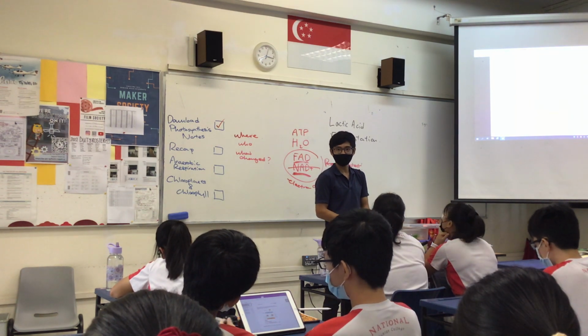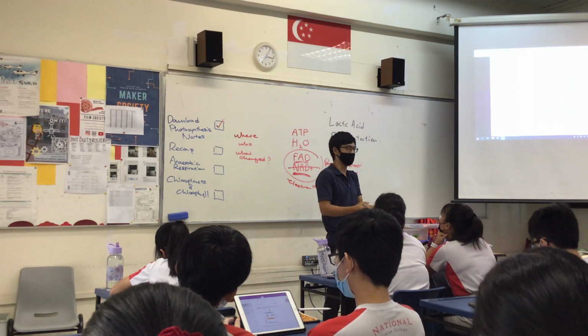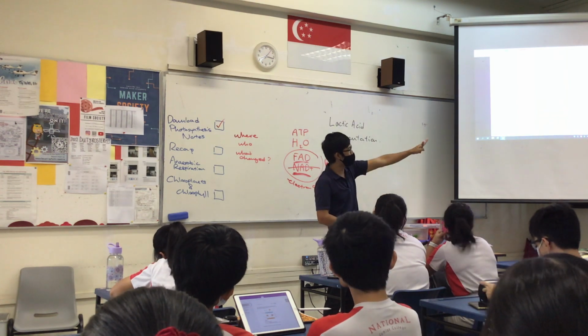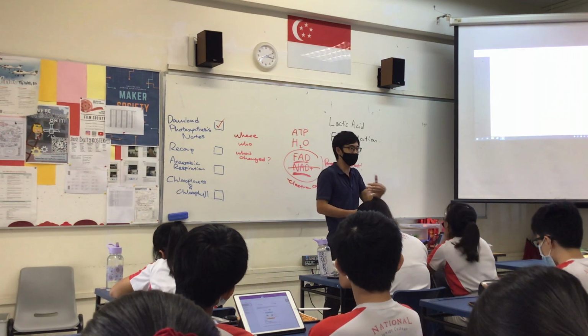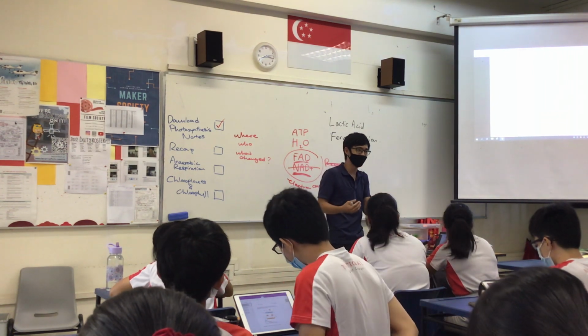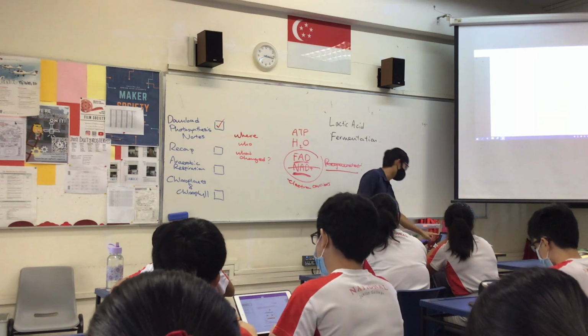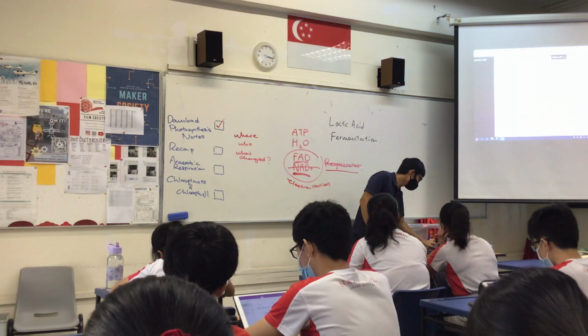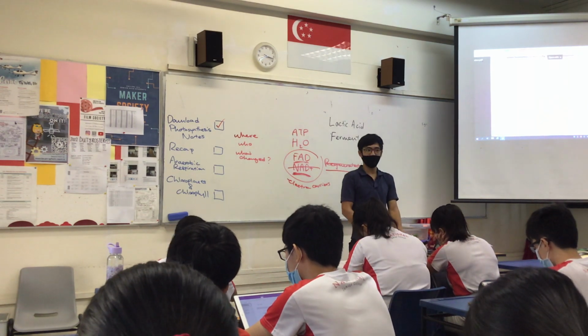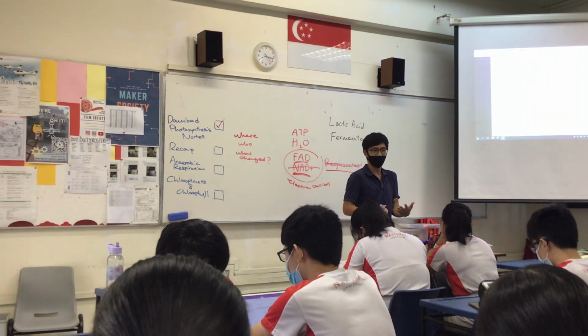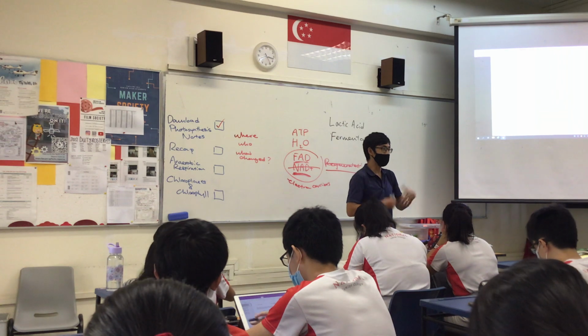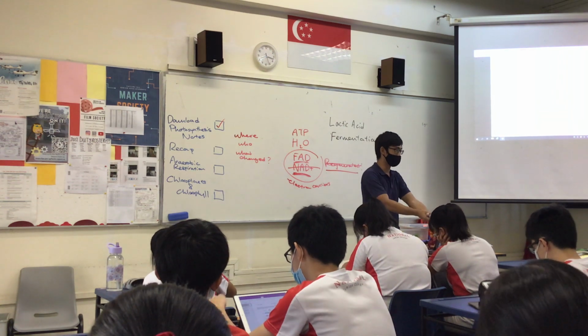Fungi and bacteria can also carry out this process. But rather than converting pyruvate to lactic acid, it converts it into something that we can eat and drink. It converts it into alcohol. You know how wine is made? They take yeast and put it into grape juice.